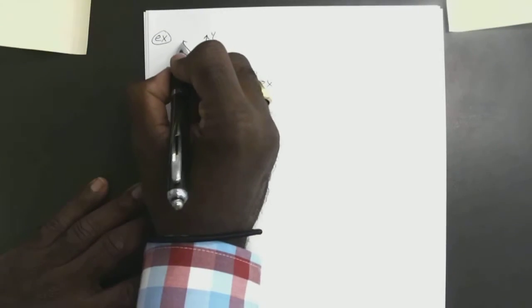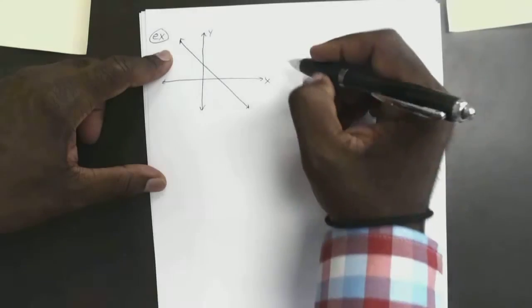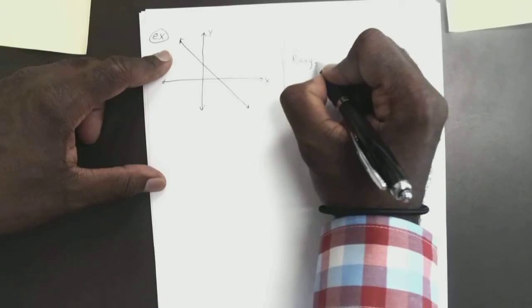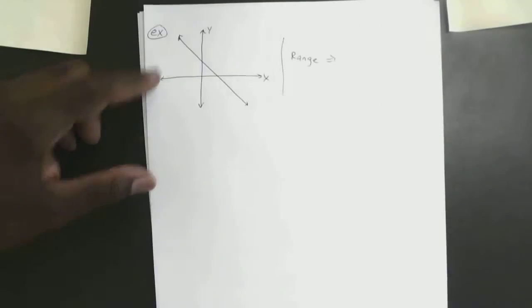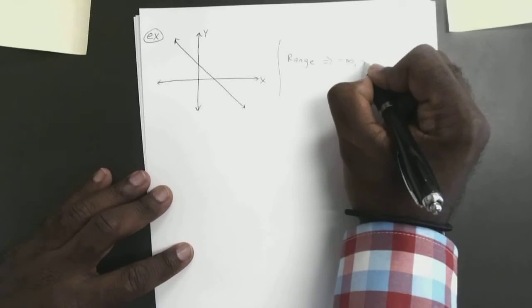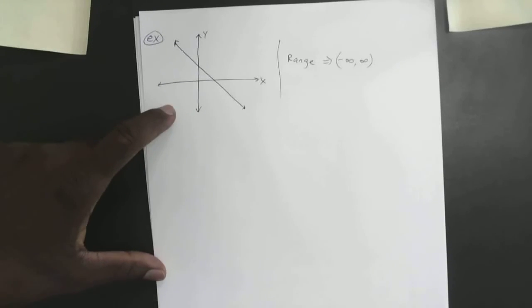The arrows here mean it's going to keep going up and keep going down. So that range is from negative infinity to infinity. Same thing with the domain.